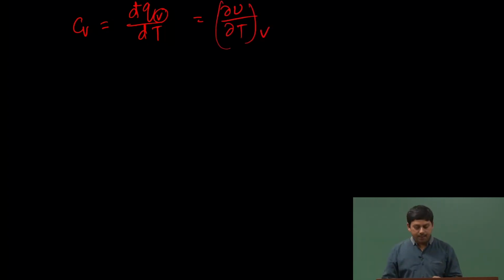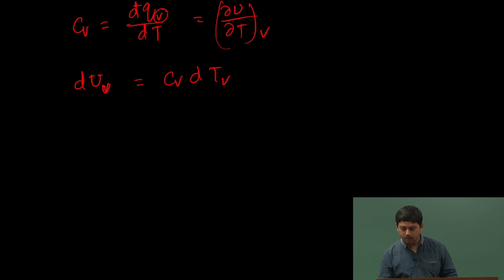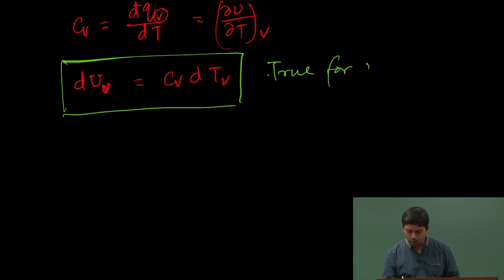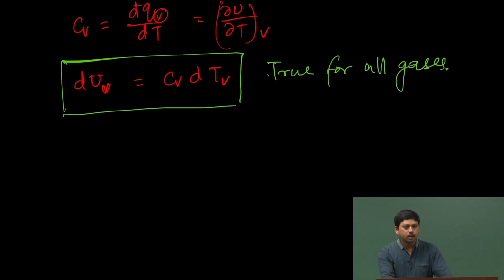Which means that if I now try to write it in a different way, I can take that dt on this side and write that du at a constant V is Cv dt at a constant V, and this is true for all gases, not just ideal gas, it is true for all gases.